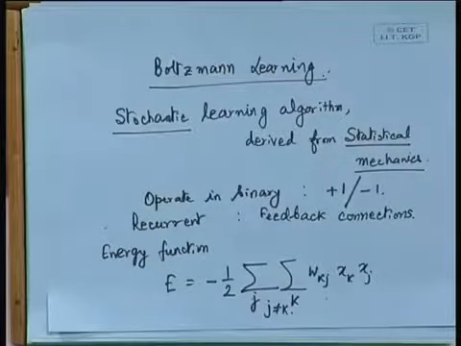Now, what it means in the stochastic sense is: what is the probability that there will be a change of state for any picked neuron k? Suppose I pick any neuron k, then what is the probability that its state will be flipped? That probability is stochastic in nature and it is given by this.